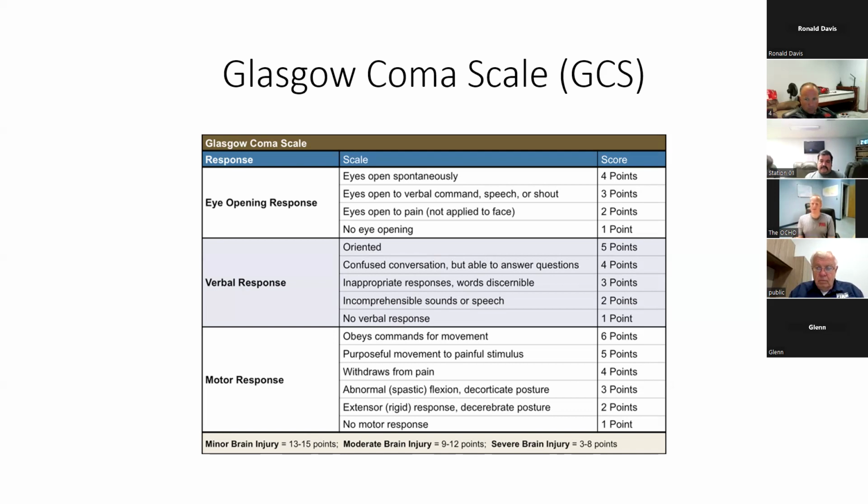Now, if you use that same 10 and it's eyes open to pain, and then they're a little confused, now you have a 6, and then they withdraw from pain. That could be a yellow very easily in a lot of cases. It just depends on how the numbers go. All in all, I feel that it would correlate fairly well, but there are always those exceptions, if they're posturing.